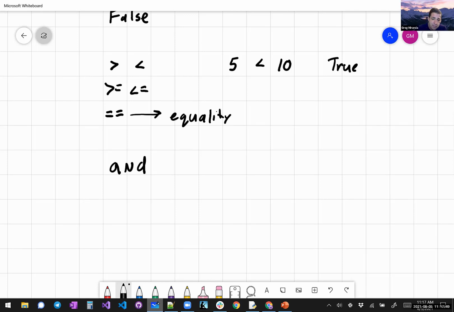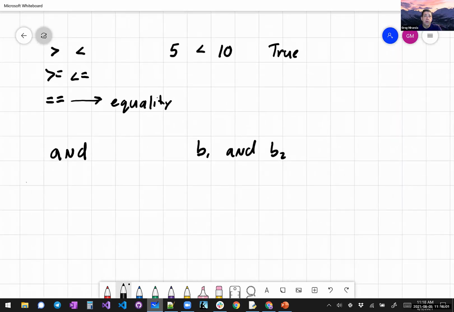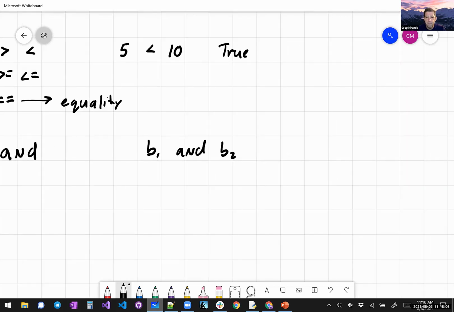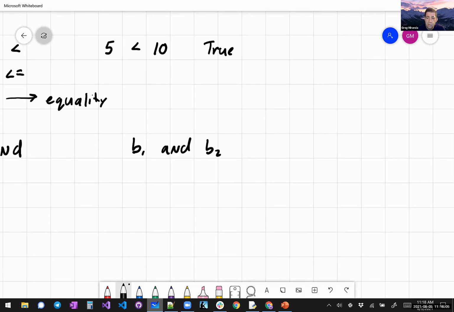So we can say B1 and B2. This is only going to be true if B1 is true and B2 is true. If this is true and this is true, then the whole thing ends up being true. Otherwise, it's going to be false.